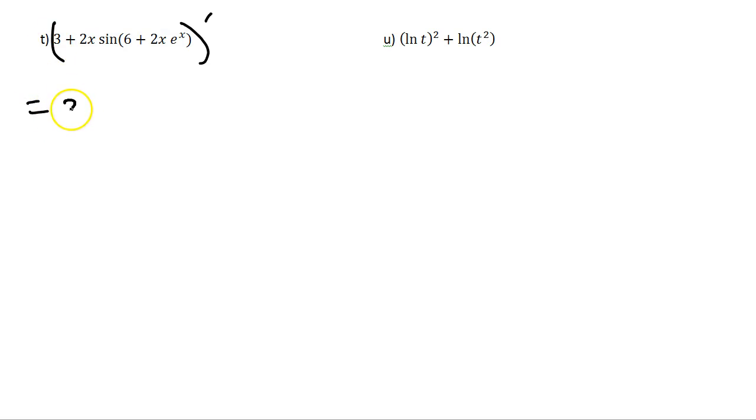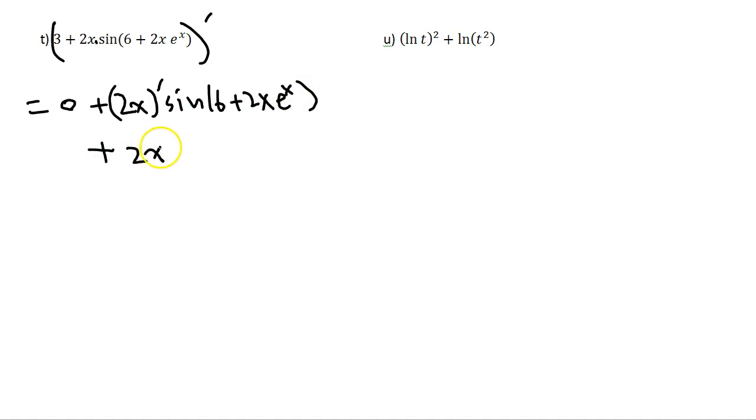Okay, 3 differentiates to 0. And when you differentiate this, it's a product of two things. So it's the derivative of 2x times sine of 6 plus 2x e to the x, plus 2x times the derivative of sine of 6 plus 2x e to the x.